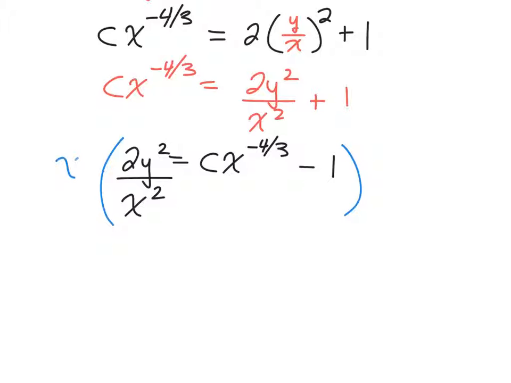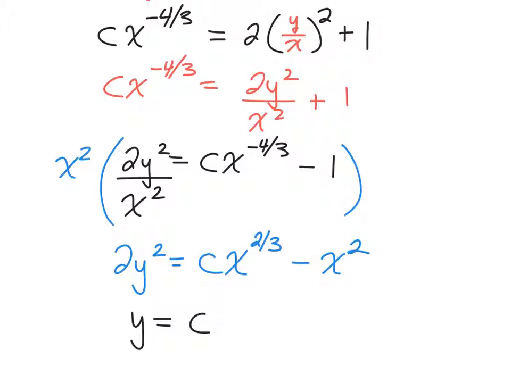Multiply both sides by x squared. 2y squared equals cx to the, if you multiply by x squared, you're really multiplying by x to the 6/3 power. So x to the positive 2/3 minus x squared. All right. And so divide by 2. y squared equals cx to the 2/3 minus 1/2 x squared.